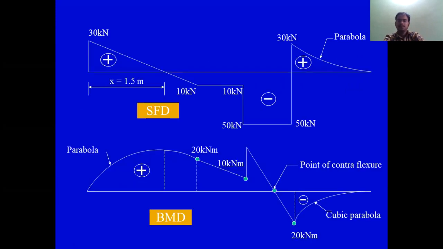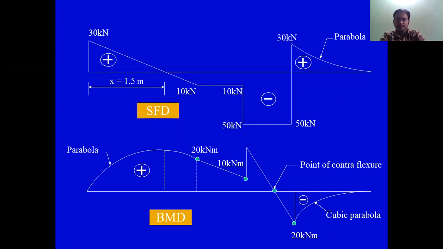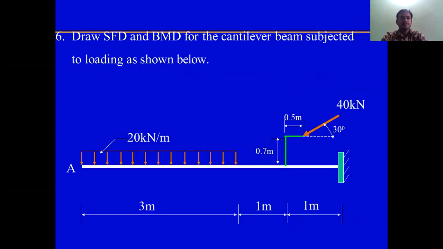So for this problem, I think we are clear with the previous problem. Only thing is you need to be very careful while solving the problem. Next problem. Draw shear force diagram and bending moment diagram for the cantilever beam subjected to loading as shown in the figure.